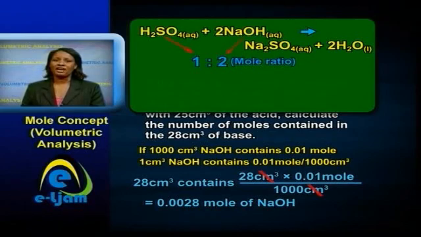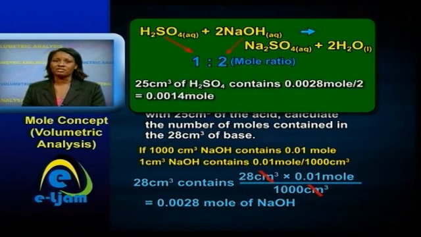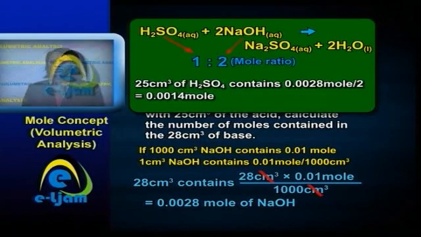Therefore, the 25 cm³ of the acid will contain half of the number of moles that is contained in the 28 cm³ of the base. Therefore, the 25 cm³ of acid contains 0.0028 moles divided by 2, which is equal to 0.0014 moles.